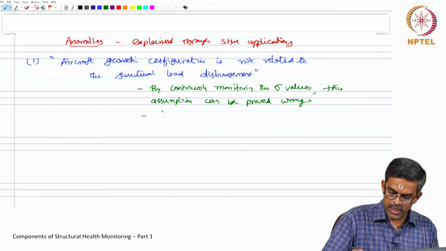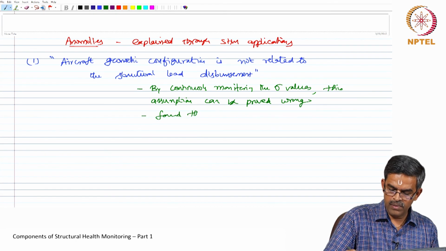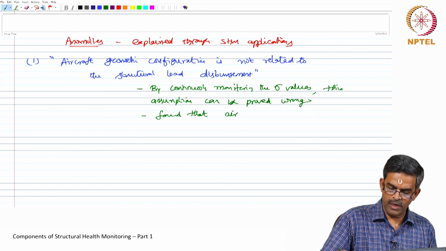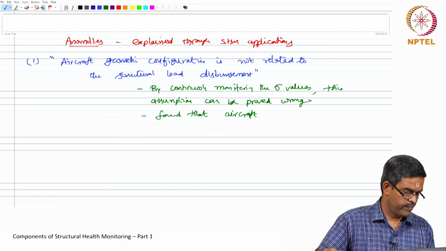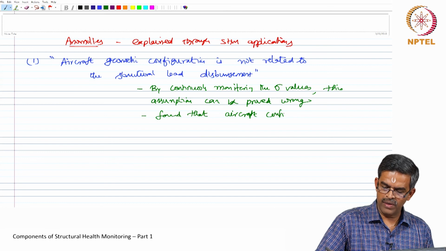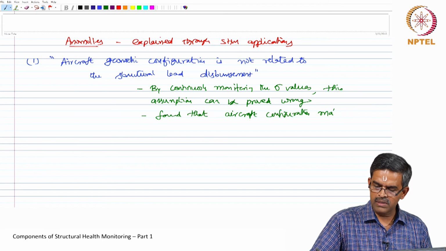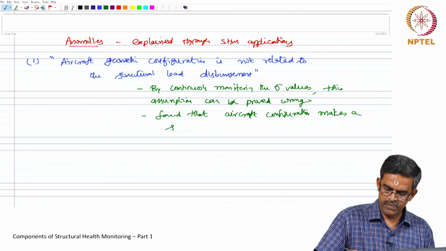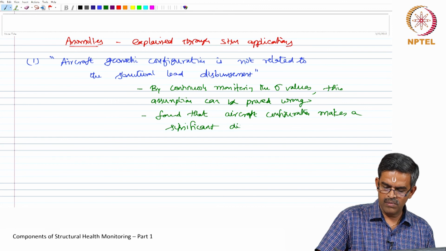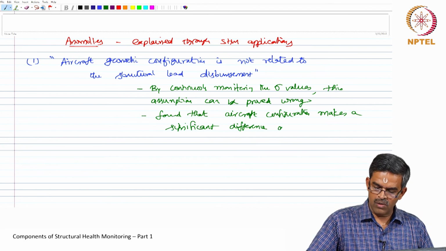It is found that aircraft geometry or aircraft configuration makes a significant difference on structural loads.